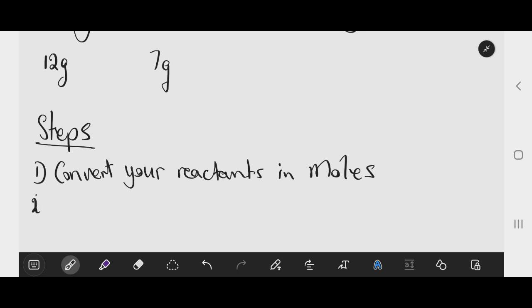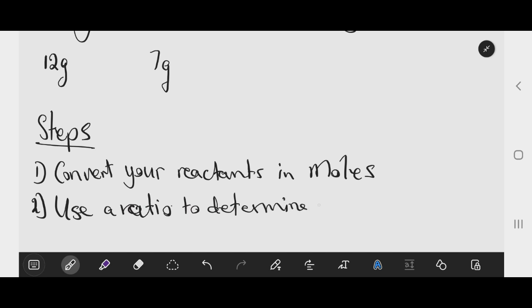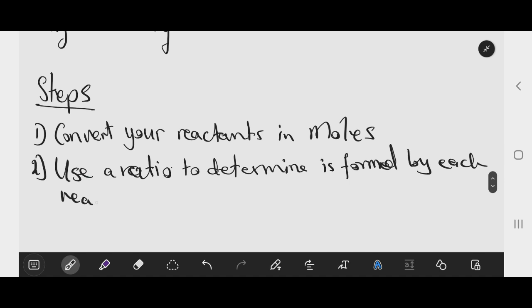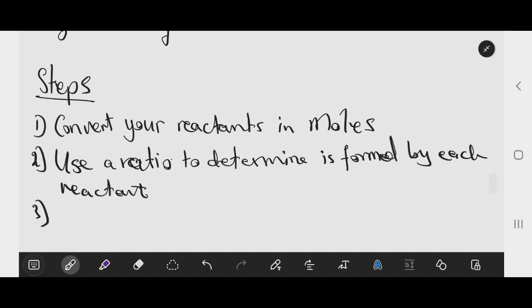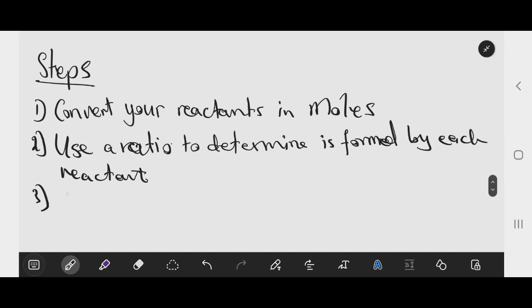Step number 2, use a ratio to determine how much product is formed by each reactant. Right, and number 3, the reactant that produces less of the product, that is the limiting reagent.